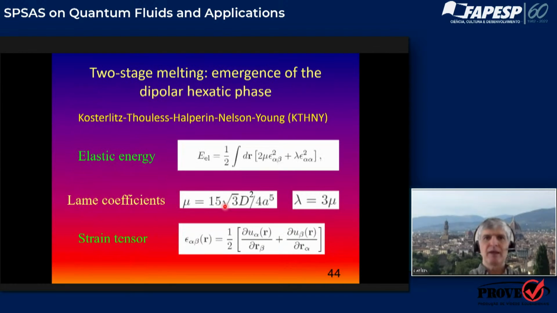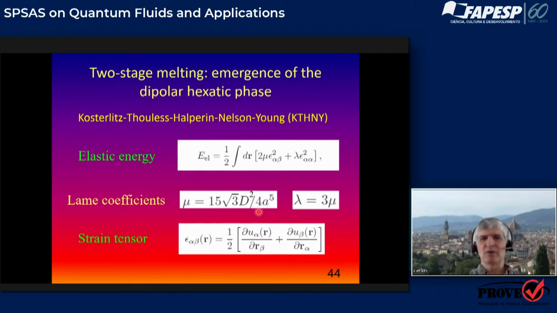And that has to do with this two-stage melting associated with the Kosterlitz-Thouless-Halperin-Nelson-Young transition, in which you compute the elastic energy of the system and express that in terms of the strain tensor with those two Lamé coefficients, the coefficients associated with the elastic energy. You just pick up the structure, distort it, and compute how much energy gain there is when you distort that lattice.